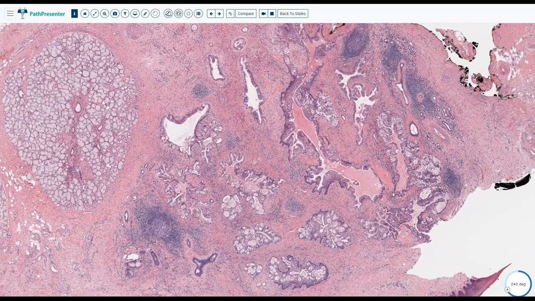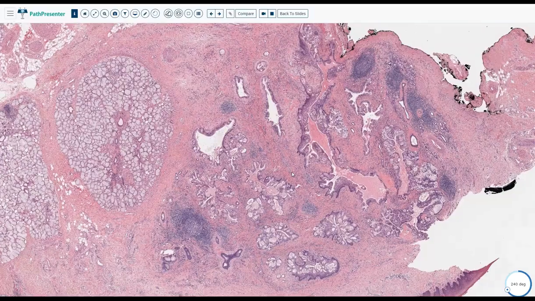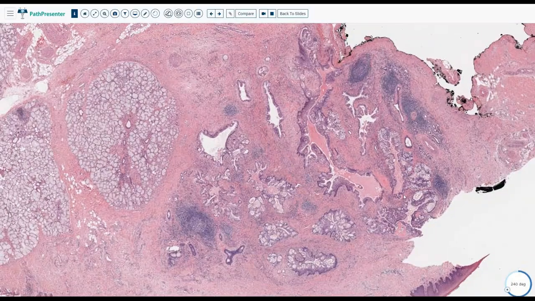All right, so again, is it well circumscribed or not that well, or ill circumscribed, in your opinion? Yes, it is lobulated, but overall it is ill circumscribed.